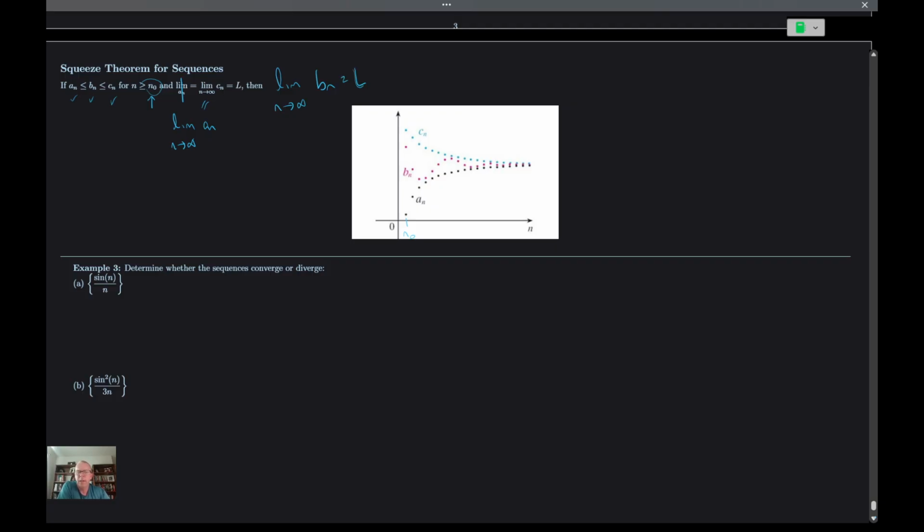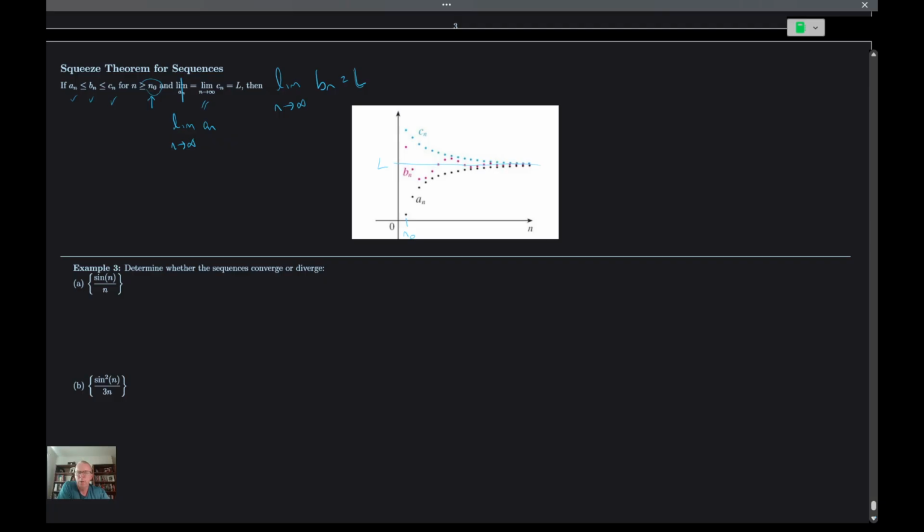So what that looks like in the graph is we have C sub n is the biggest one. It's doing whatever it's doing. A sub n is also doing whatever it's doing. Now, these are both going to go to, if we imagine a line here, where L is. So both of these are approaching L as n gets larger and larger. And then the trick is that B is always between these two.